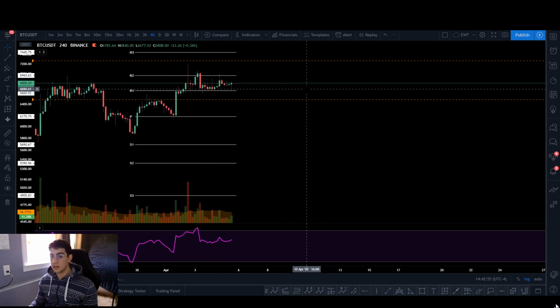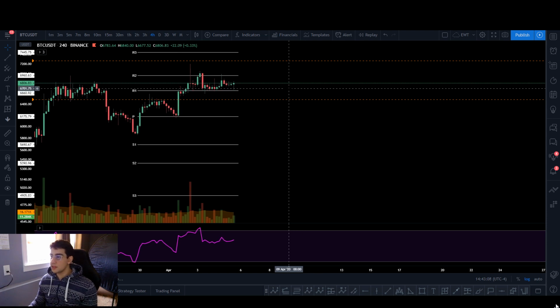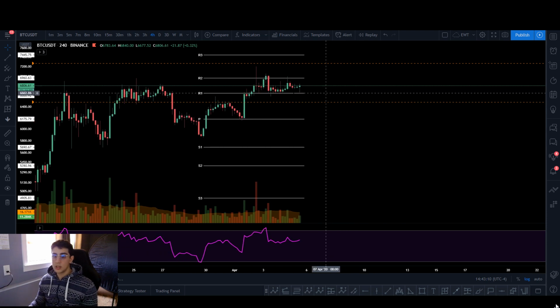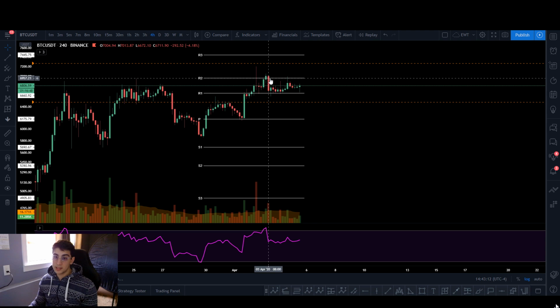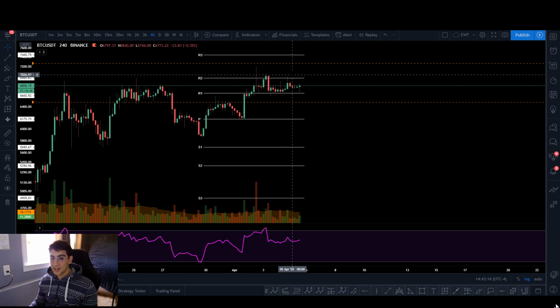As you guys know, on an uptrend, anytime a resistance is broken, what happens to that resistance? It becomes support, guys. That's like any market structure that we've seen. Resistance becomes support, and support becomes resistance on a downtrend. So we see that it breaks up, comes back down to R1, comes back up to R2.